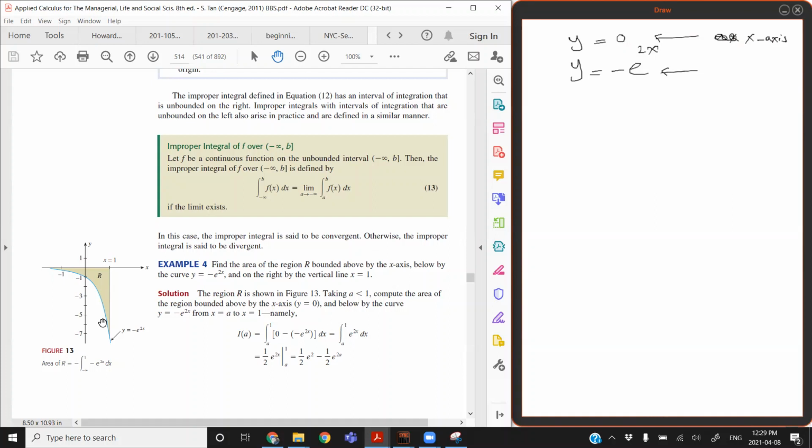And of course, you're going to do the function on top minus the one at the bottom. In this case, this one is on top. So it's going to be the integral from negative infinity up to 1 of the one that's on top, 0, minus the one at the bottom, minus e to the power of 2x dx. You're looking for this.